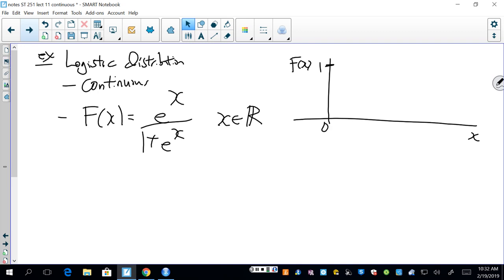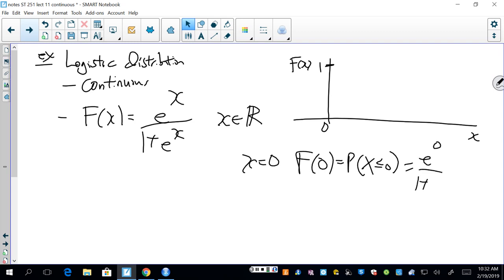At x equals 0, what is it? The cumulative at 0, the probability that x is less than or equal to 0, is just e to the 0 over 1 plus e to the 0, which is just 1/2.